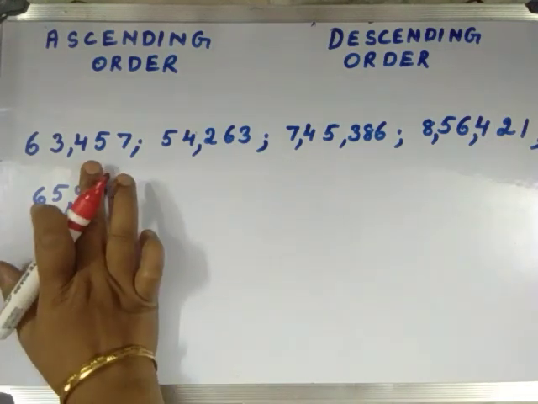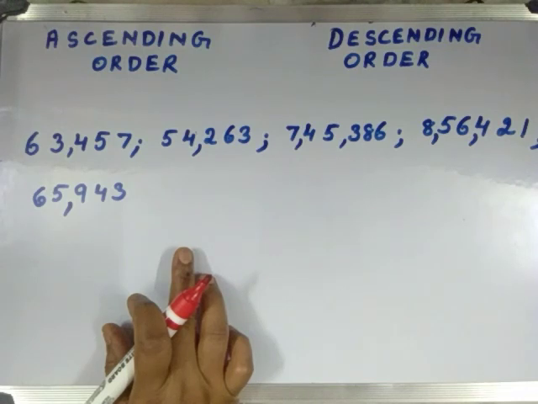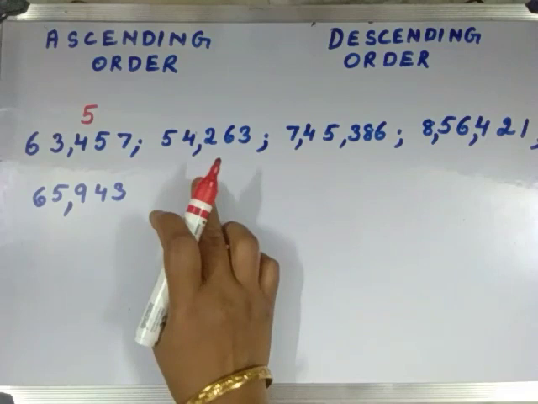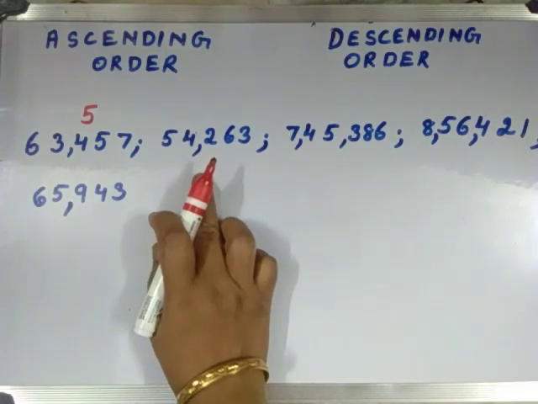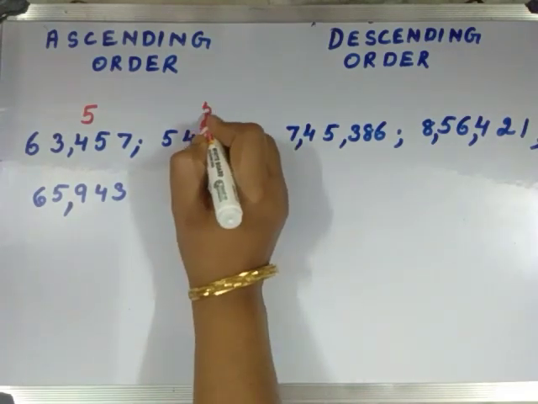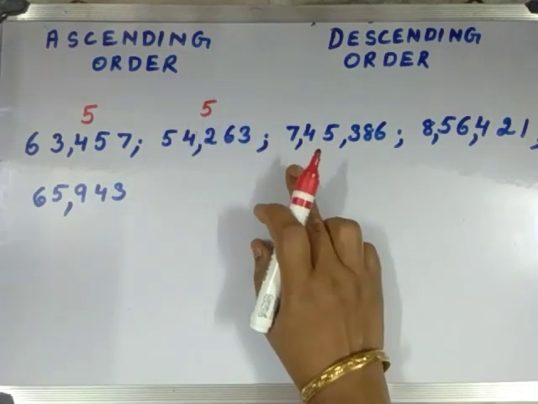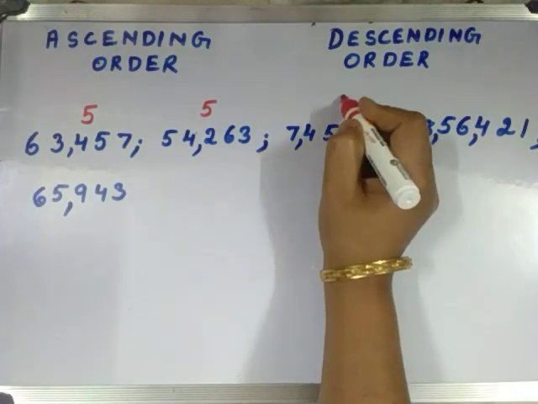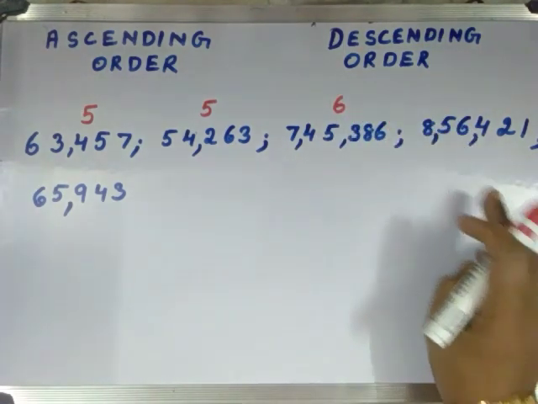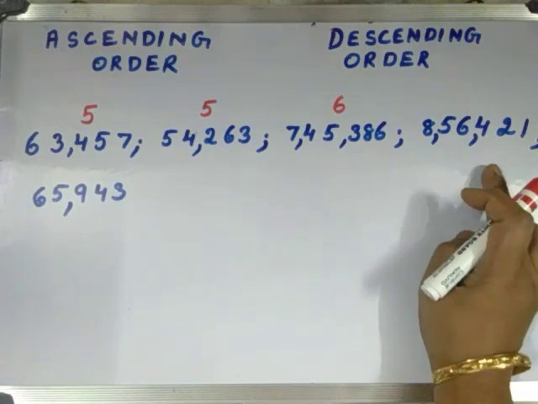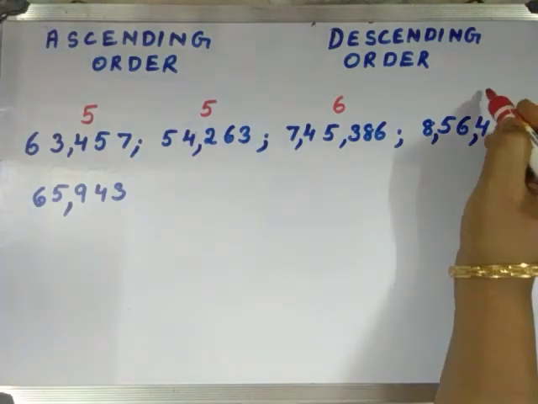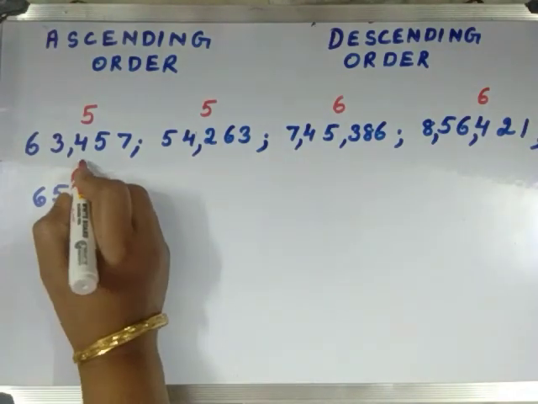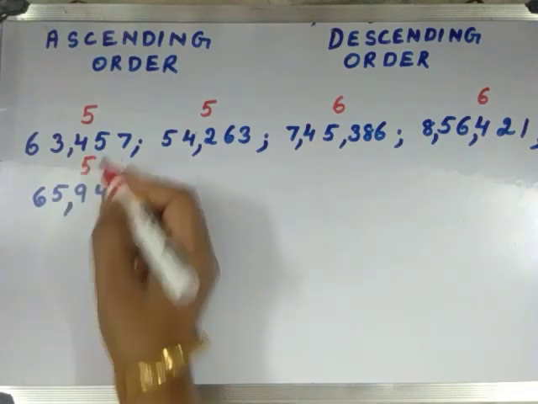In this number, 63,457, there are 5 digits, and 54,263 has 5 digits. 7,45,386 has 6 digits. 8,56,421 has 6 digits. 65,943 has 5 digits.